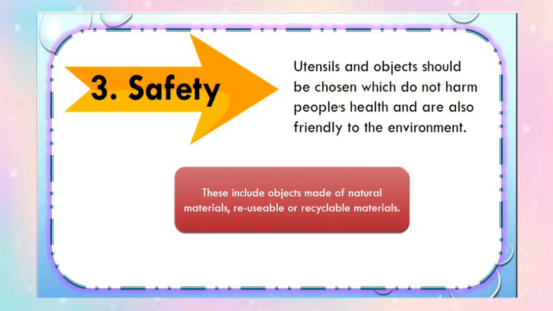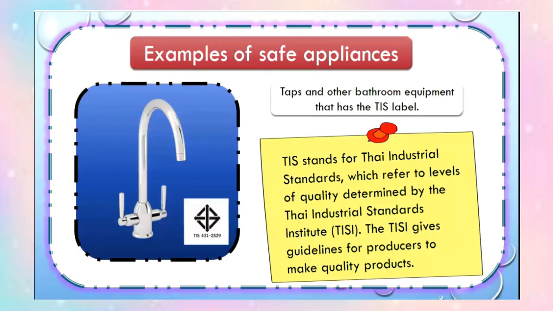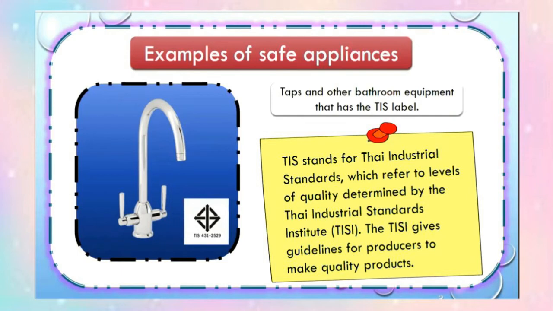Okay, this includes objects made of natural materials, reusable or recyclable materials. For example, these are examples of safe appliances: taps and other bathroom equipment that has the TIS label. If you look at your tap at home and there is a TIS label, that means you chose the right one. TIS stands for Thai Industrial Standards, which refer to the levels of quality determined by the Thai Industrial Standards Institute.